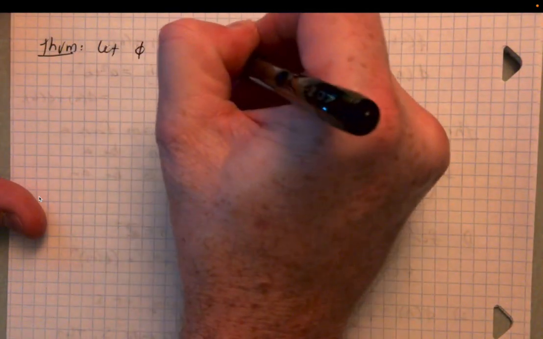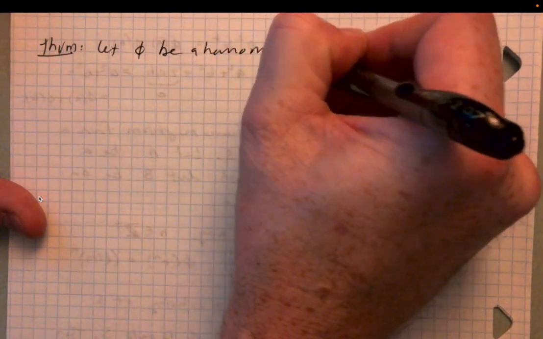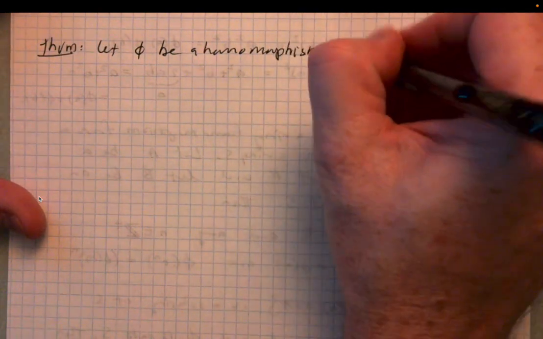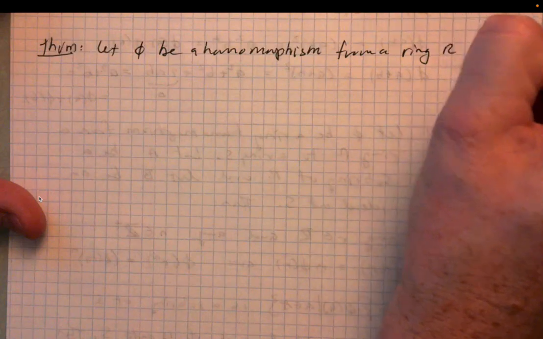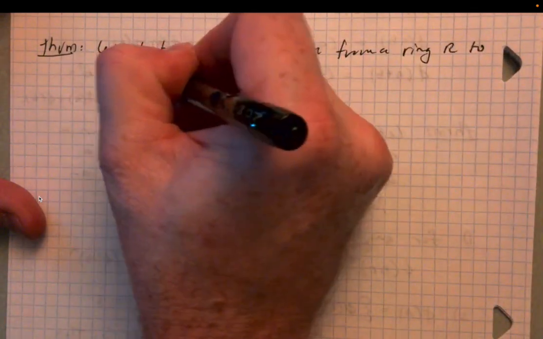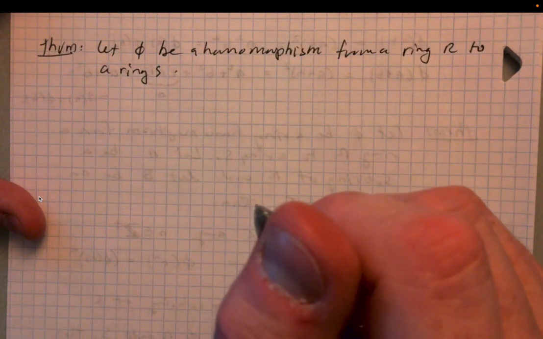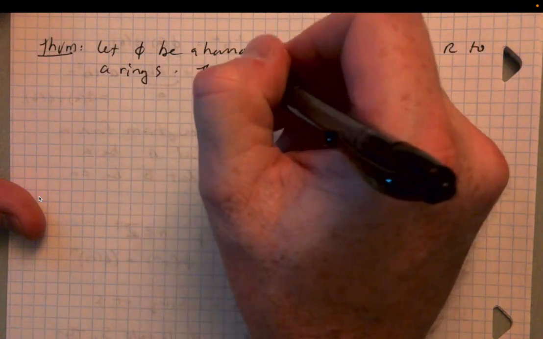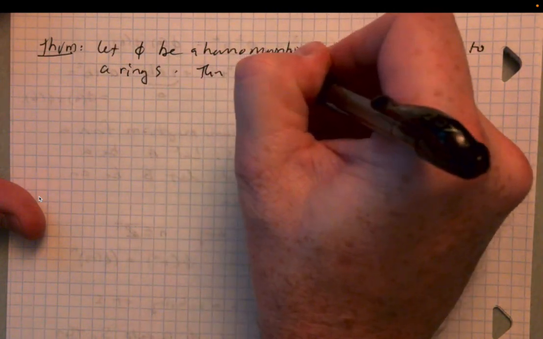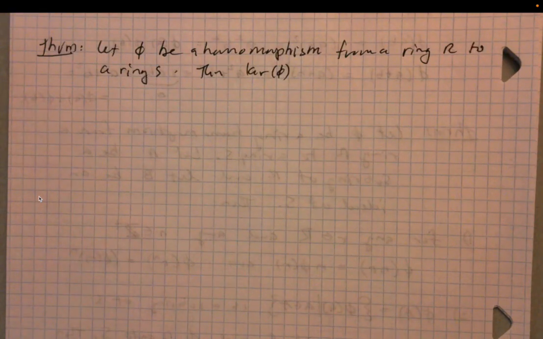Okay, and so the first one says let phi be a homomorphism from a ring R to a ring S. Then the kernel of phi is an ideal of R.